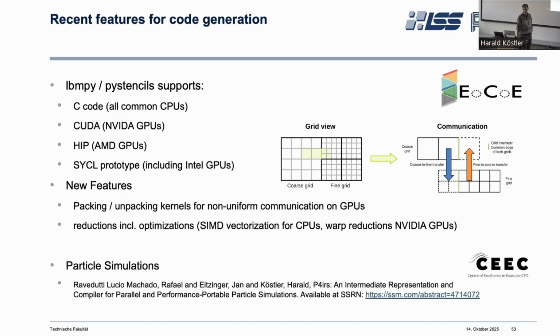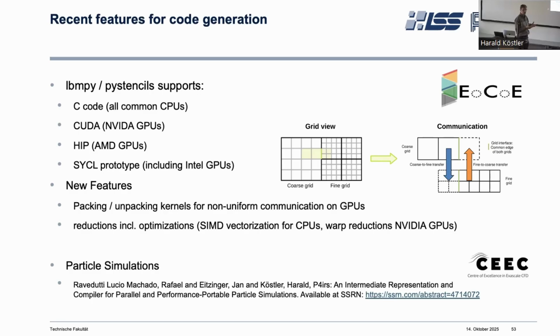The last real slide I want to show is the recent features for code generation, because we are working on it right now, also besides HyTeG, in waLBerla. Here I have to mention, for example, that we are now also able to support non-uniform communications on GPUs. Why do I mention that here? Because this code generator is kind of a library.